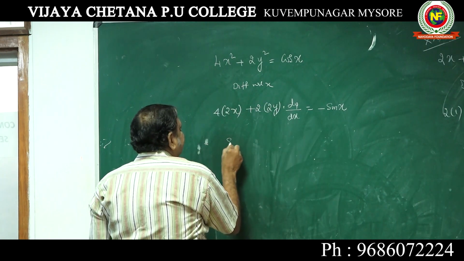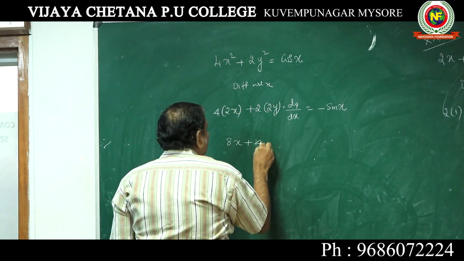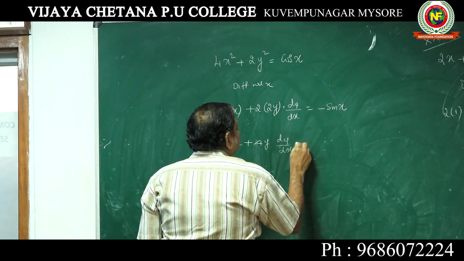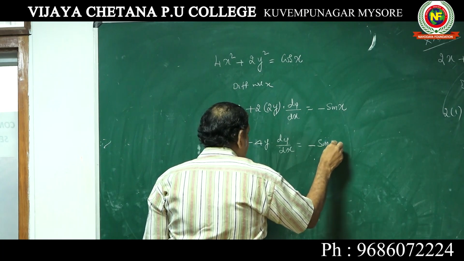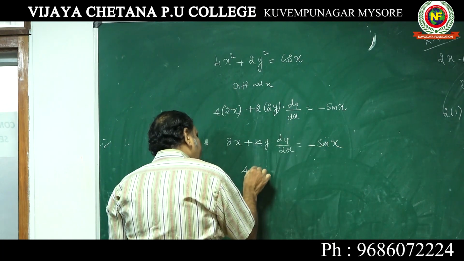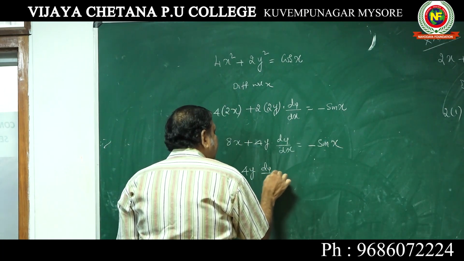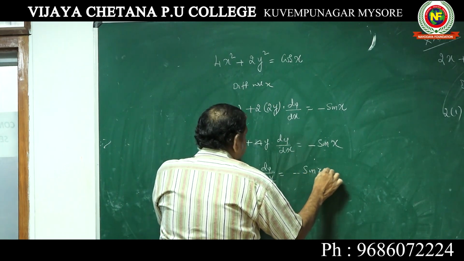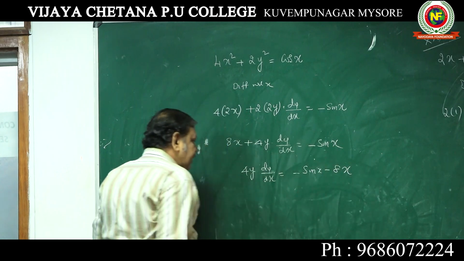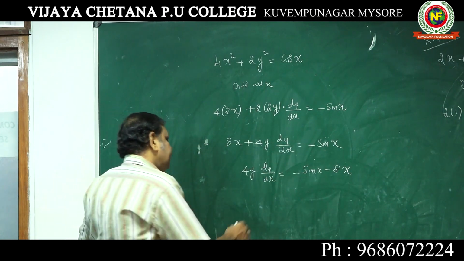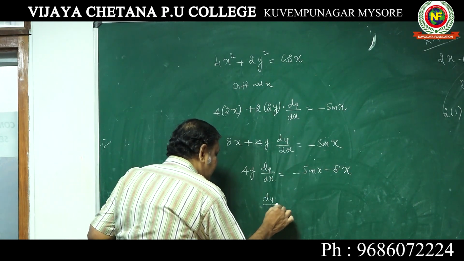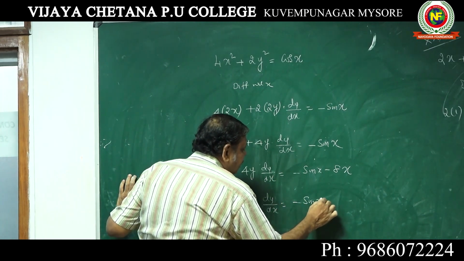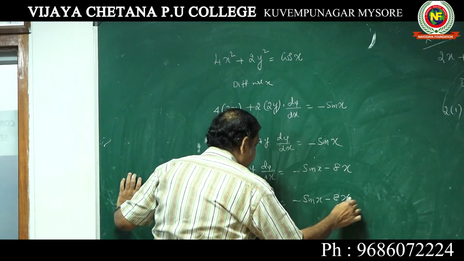It is 8x plus 4y dy by dx is equal to minus sin x, or 4y dy by dx is equal to minus sin x minus 8x, shift that side. So dy by dx is equal to minus sin x minus 8x by 4.